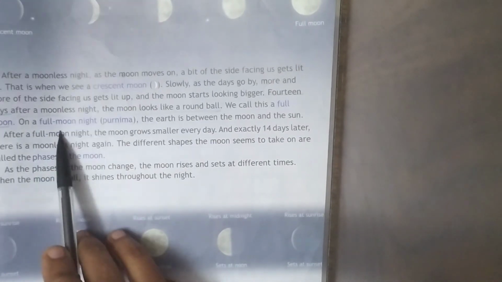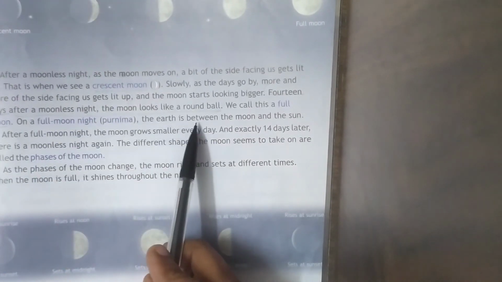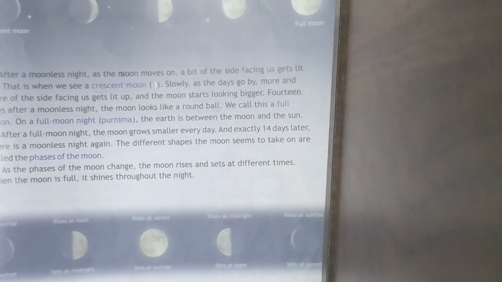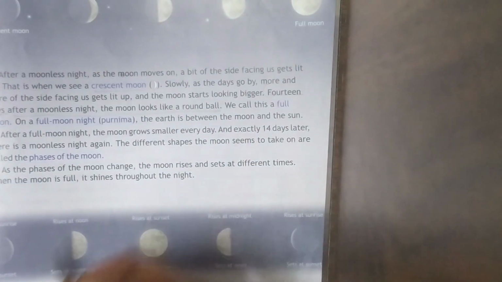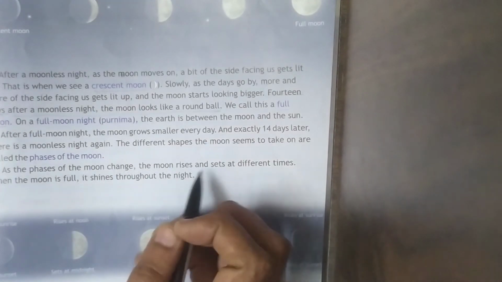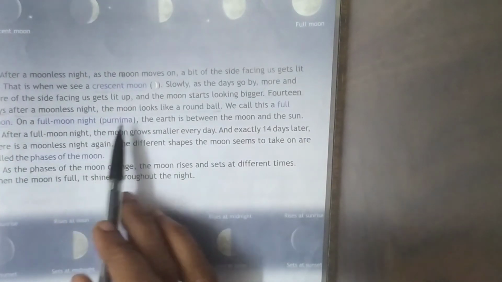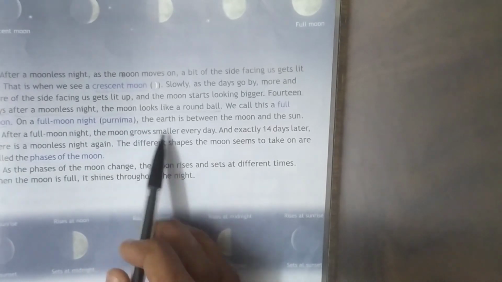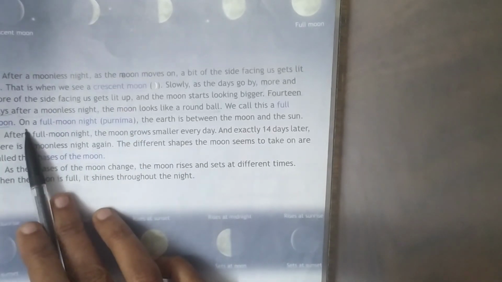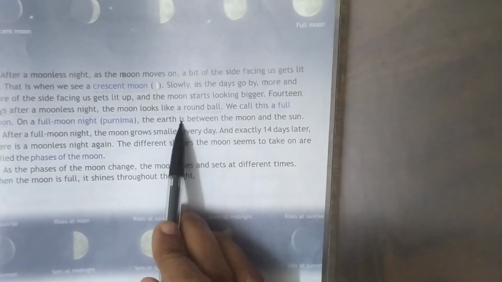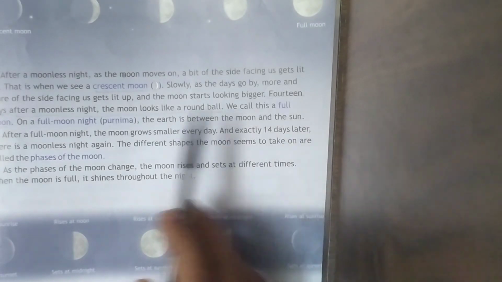On a full moon night, the earth is between the moon and the sun. The full moon night is otherwise called Purnima.